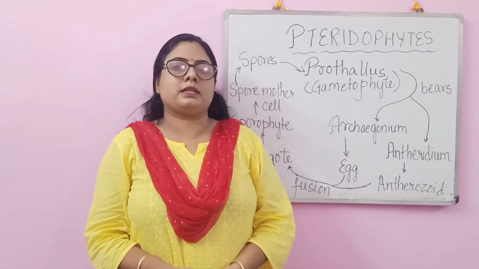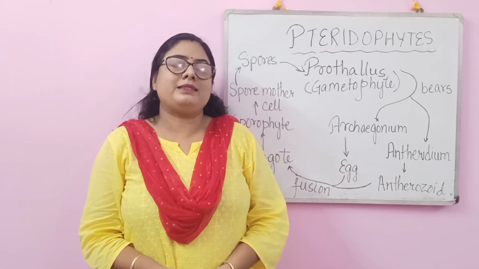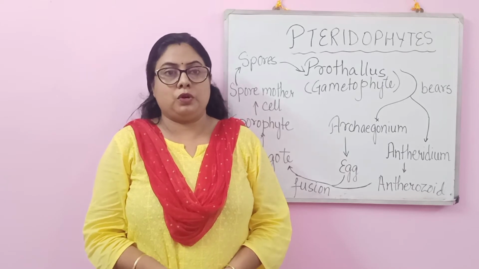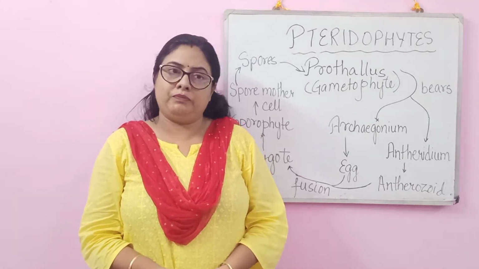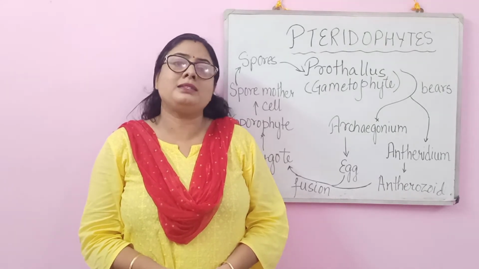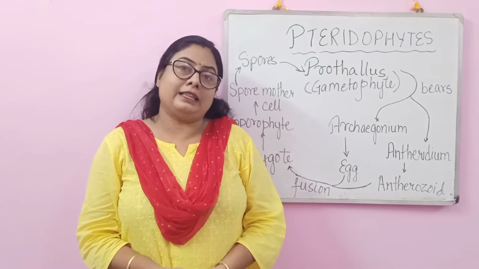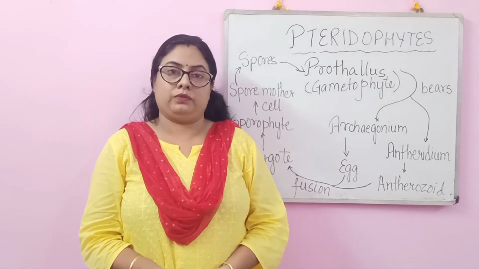Next, we will discuss the Pteridophytes. Pteridophytes are the primitive seedless vascular plants which possess a conspicuous sporophyte plant body and an inconspicuous independent gametophyte with sessile antheridia and partially embedded archegonia.